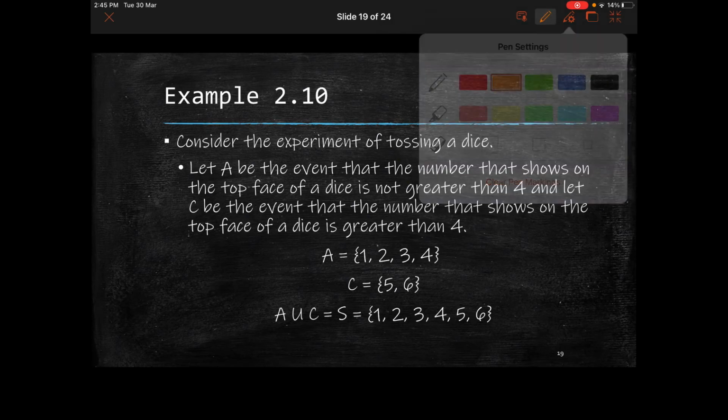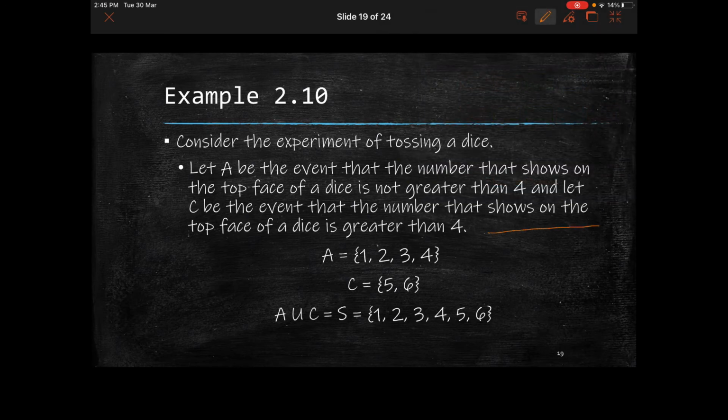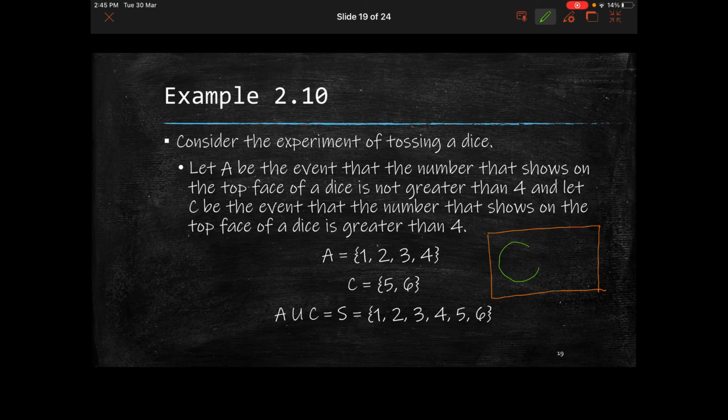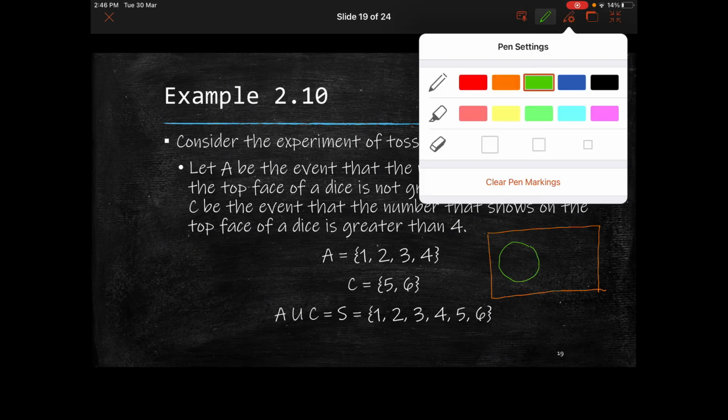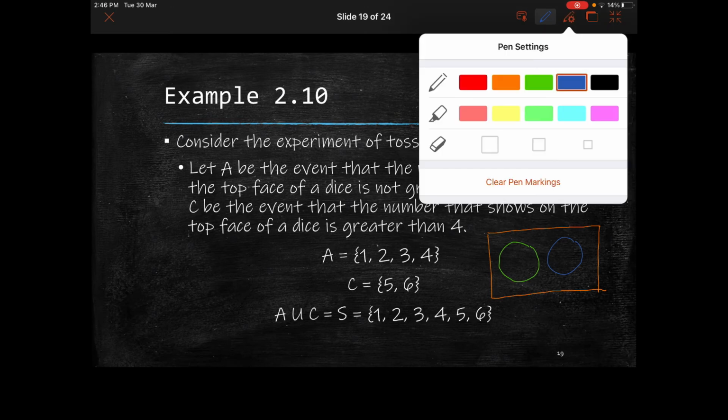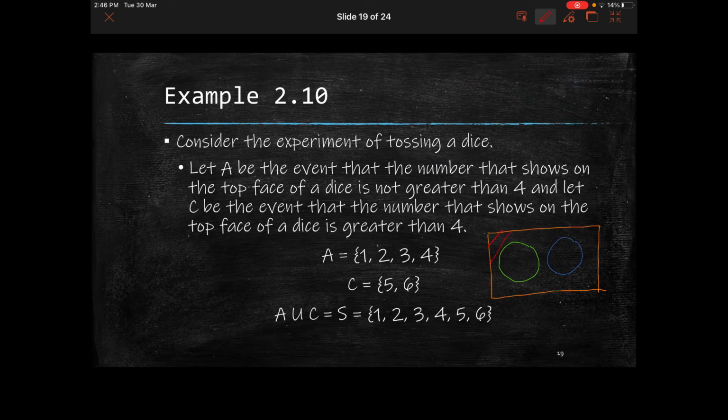Let's try to draw here a sample space with event A, and then we have event C. So the union of events A and C is going to be all the elements inside the sample space in this case.